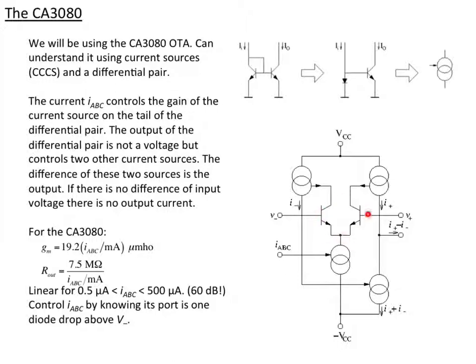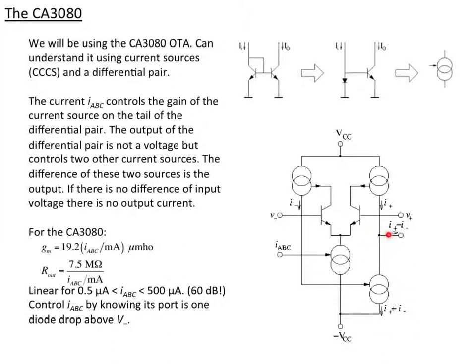And so the differential pair, right, so here's the inputs to the differential pair. Normally we would change the voltage through a resistor, but here we just want to have a slight difference in the currents based on the difference in the voltages. Those two currents come this way and that way, and the difference of those, if this one's bigger, it pulls more here than this one's putting out, so current comes in.